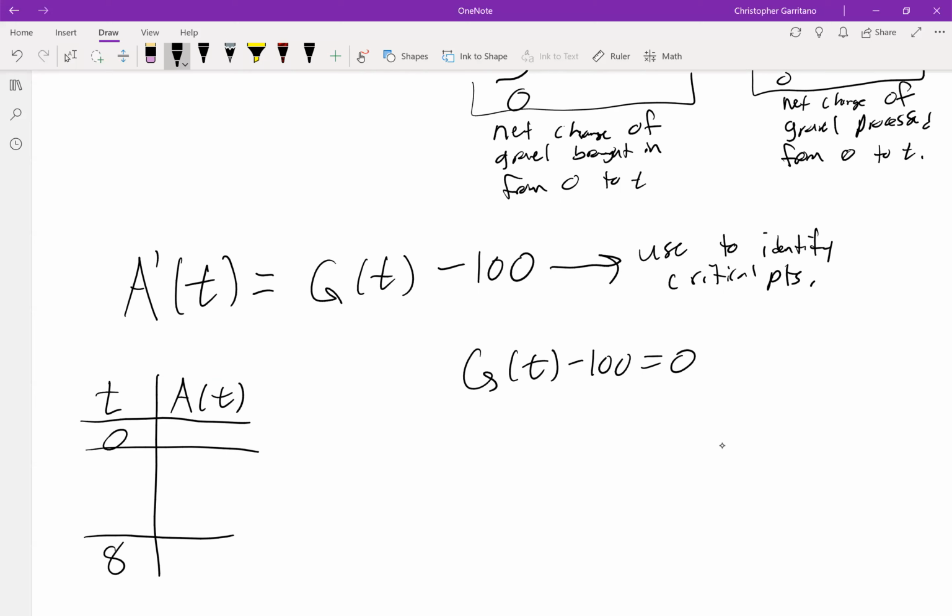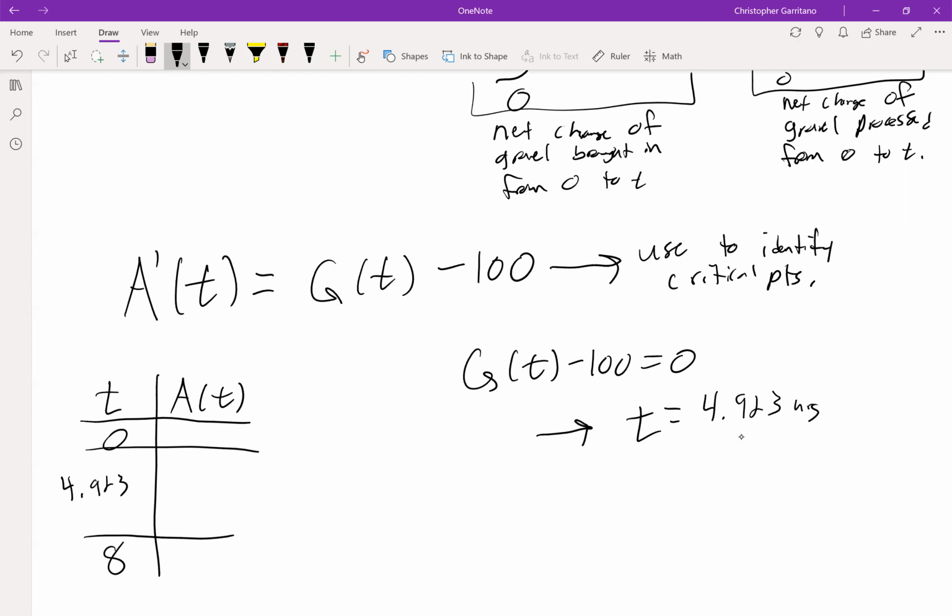This is a calculator problem, so I'm going to go ahead and simply use the calculator. Give me a moment while I do that. Okay, so using the calculator, I found that the derivative equals 0 when t equals 4.923 hours. So I'm going to add that to the list of candidates.